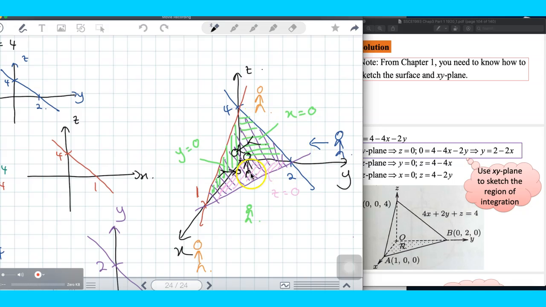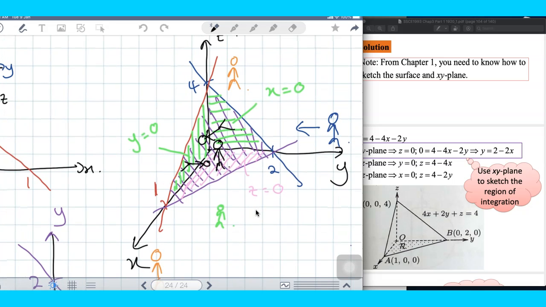So let's say now I'm using this orientation. This is the orientation that I'm using. The common direction of myself when I get into this solid, I will be standing like this.